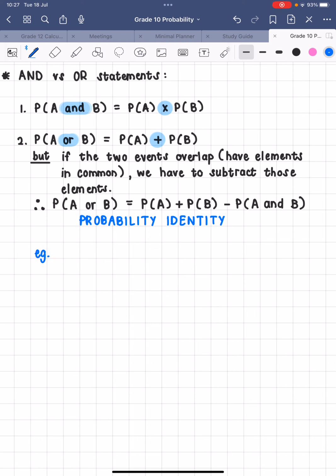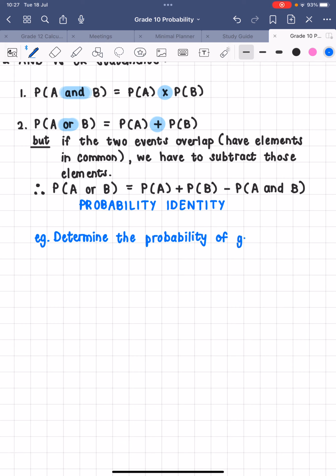Let's quickly look at an example. So determine the probability of getting an even number or a number less than 3.